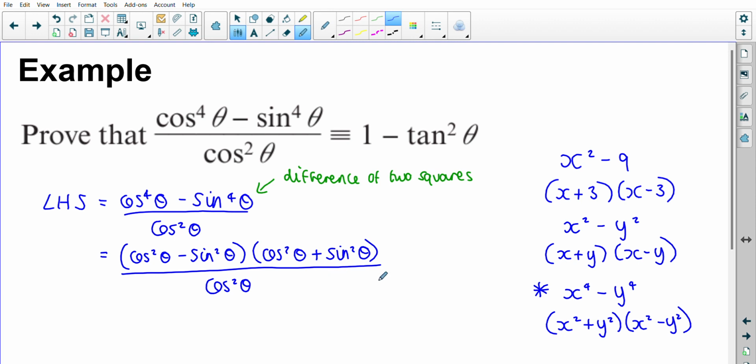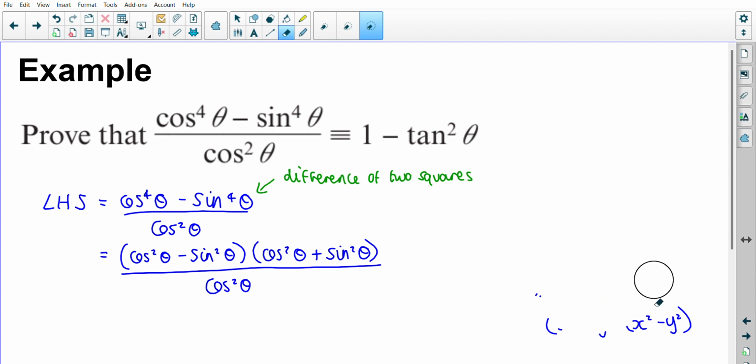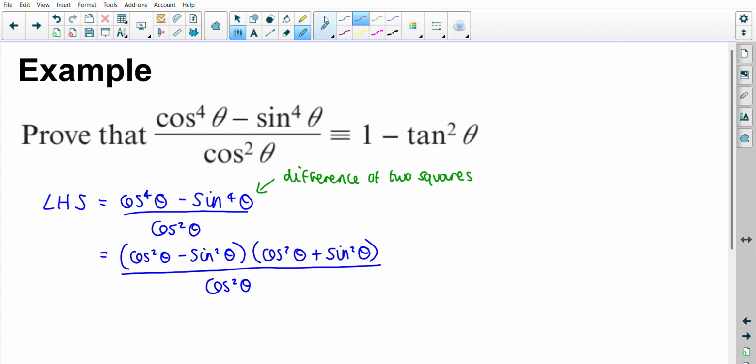Now here I can use the identity we're talking about. So I'll write it down at the side so we know where this has come from. Cos squared theta plus sine squared theta equals 1. So this whole bracket equals 1, not the first bracket because there's a minus in the middle.